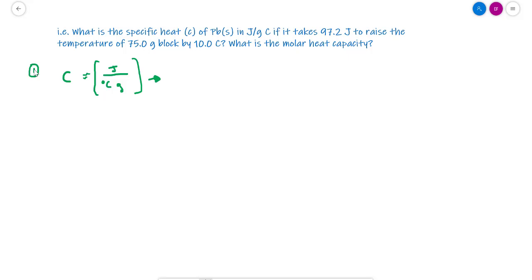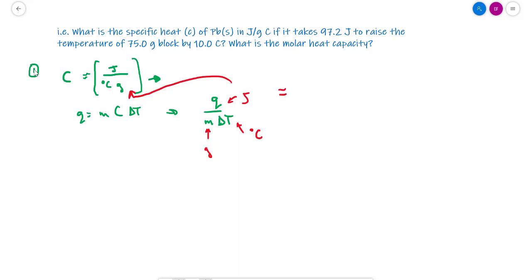So we could rearrange the equation we had before, or we could think about it intuitively like this. The equation before was heat is equal to mc times delta T. If we rearrange this for C, this would be Q over m delta T. What are the units of each of those? Well, Q is joules, m is grams, delta T is degrees C, which is exactly what we have written up here, just based on the definition.